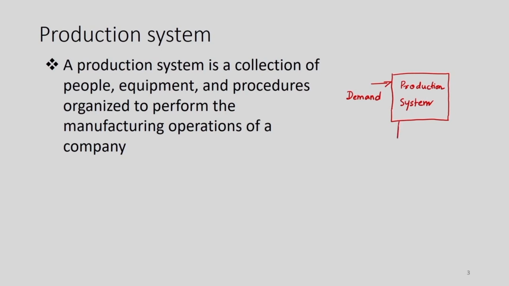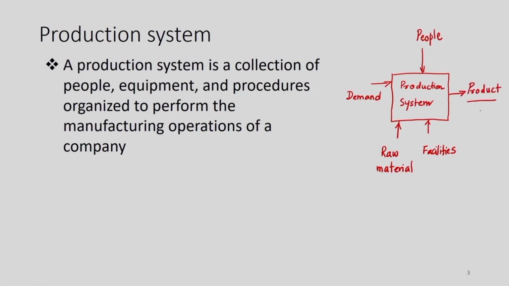This production system is taking in the raw material, processing the raw material, and that raw material is processed by using the equipment or the facilities. Needless to say, we require the people to control the operations of a production system, and ultimately we will be getting the product.